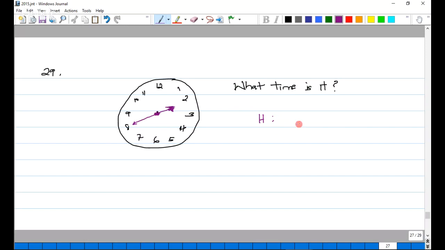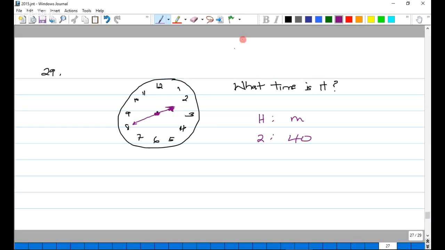Draw your clock, man. 45 minutes past 2. No, it's pointing at the 8, not the 9. So 40 minutes past 2. So that would be 2:40. All right. No, we wouldn't say 40 minutes or 45 minutes past 2. We would say 20 minutes to 3.